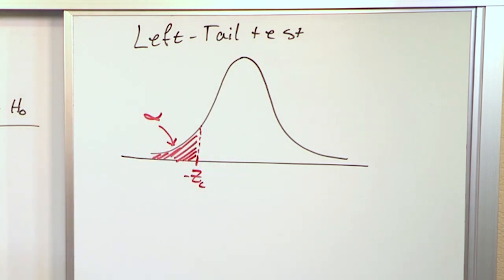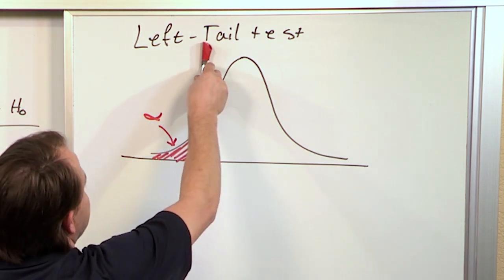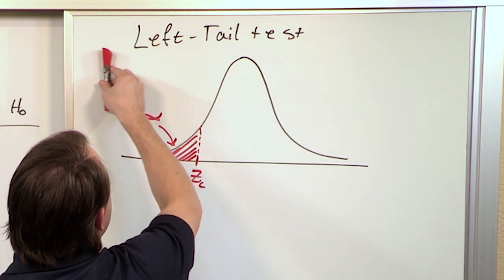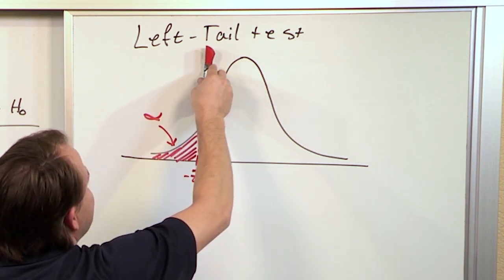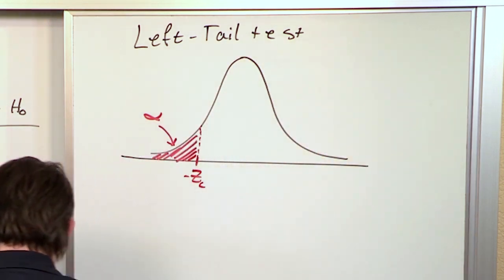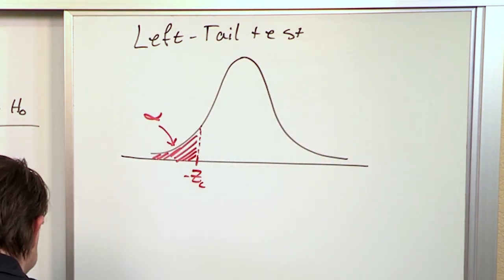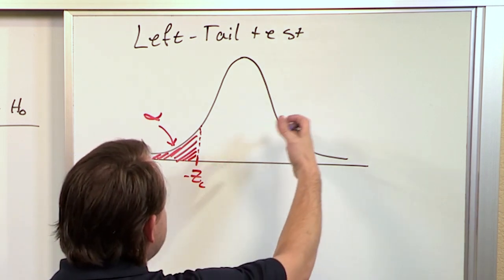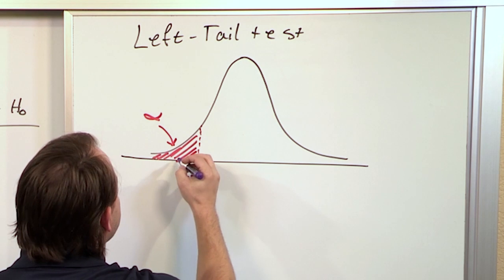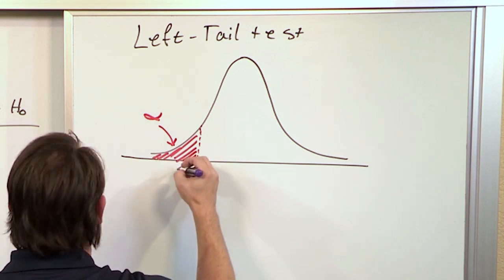Now, let's look at the two possibilities. If I get a test statistic anywhere over here, I'm going to reject the null hypothesis. If I get a test statistic anywhere over here, I'm going to fail to reject the null hypothesis. Now, let's say I get my sample data, I calculate the test statistic, and I get a number that's in this region over here somewhere.